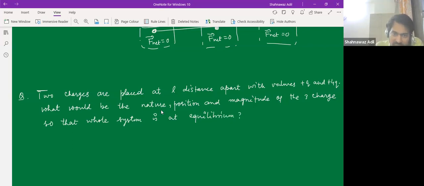Right, so we have to find out nature, position, magnitude of the third charge so that whole system is at equilibrium.